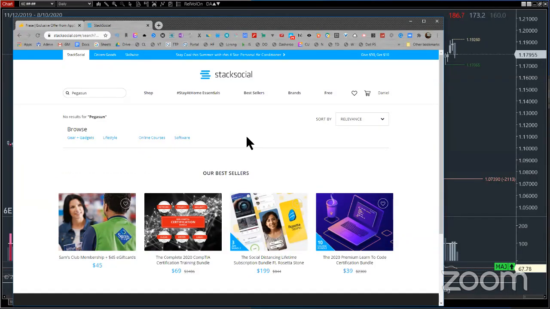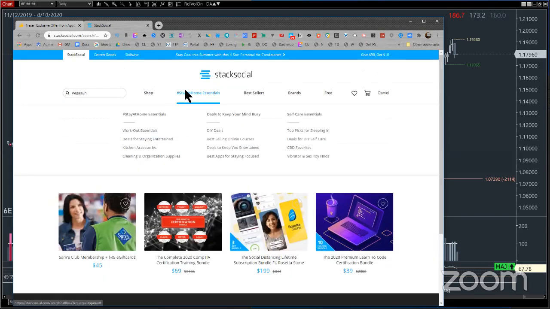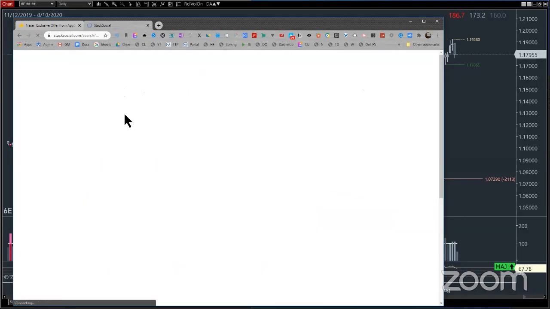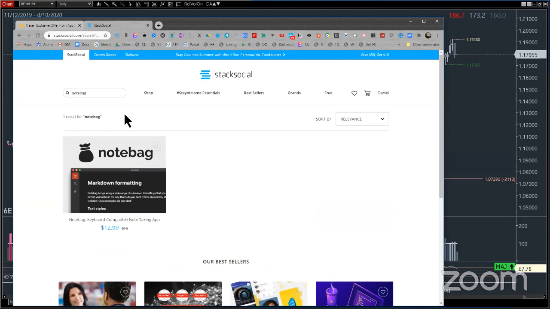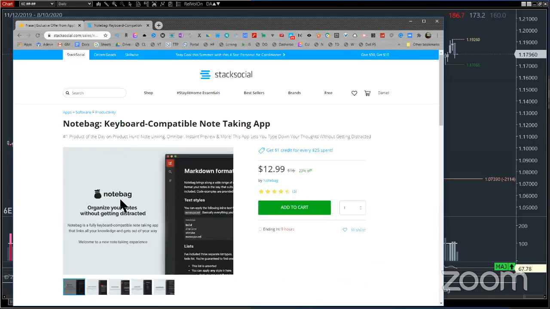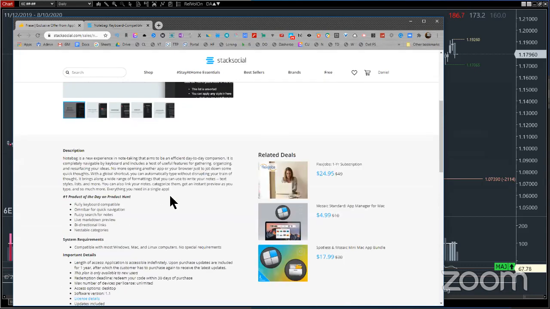You can hear whatever they're saying, whatever's going on at all times. But yeah, evidently they sell some antivirus software. So don't buy that. But there's this little note bag on here, and I know this developer that made this. Well, I don't know him, but I've talked to him before. He's a total nerd, but he's a good nerd. So $13 for a markdown note-taking app for life. It's pretty cool. So that's one worth getting.